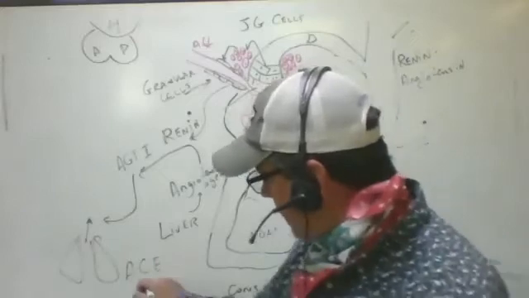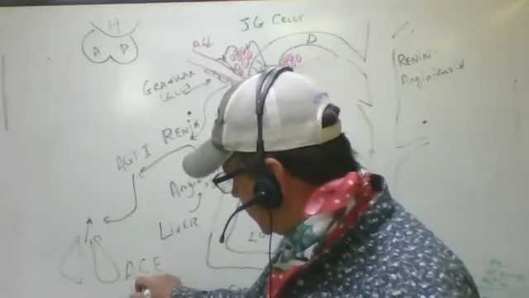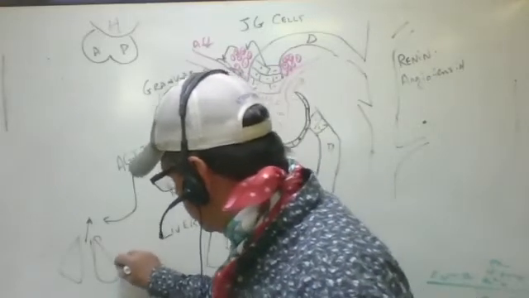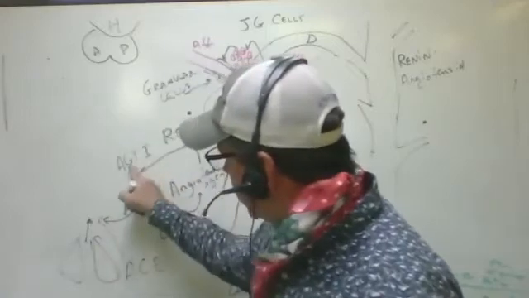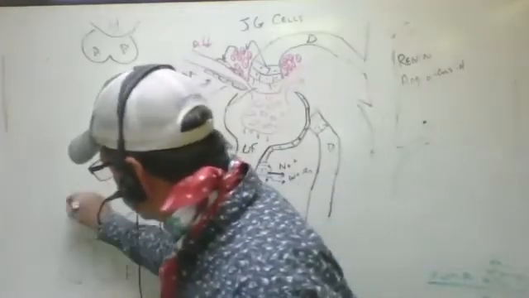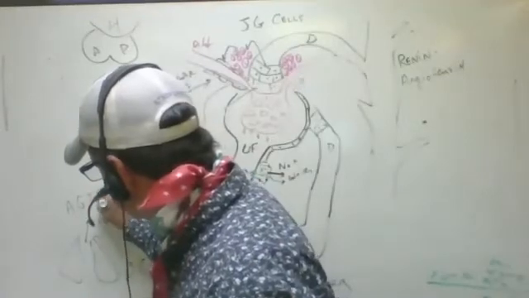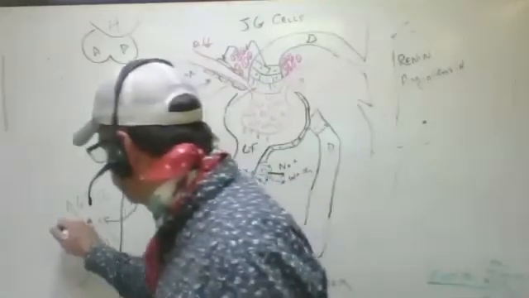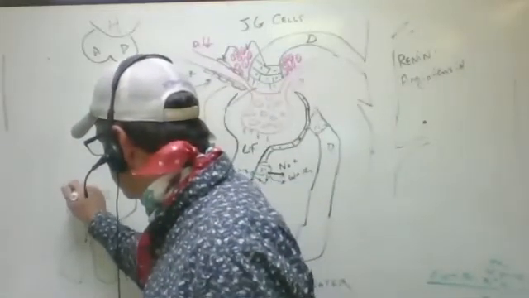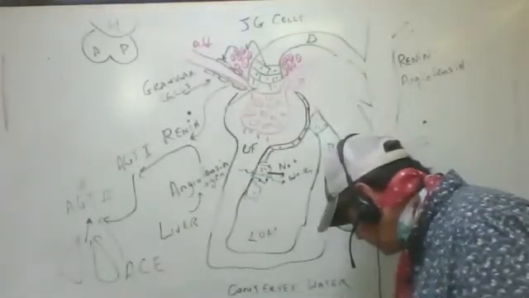So we'll talk about that in a little bit, but angiotensin converting enzyme made by the lungs has an effect on angiotensin 1, and it cleaves it into angiotensin 2. Now, angiotensin 2 is active. It's the main active hormone here, right?